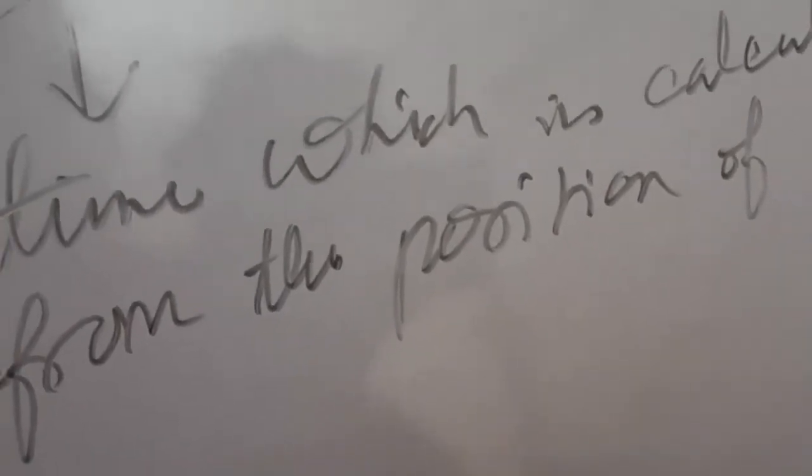Next is the local time. Local time is the time calculated from the position of the sun at a particular meridian.